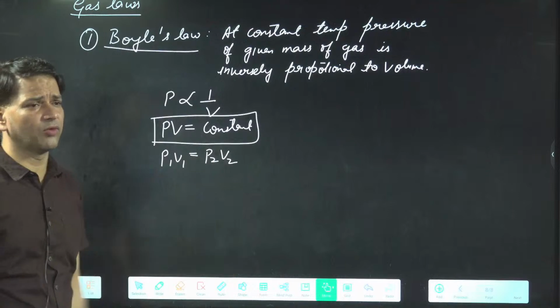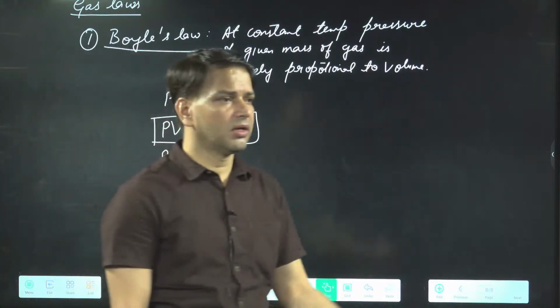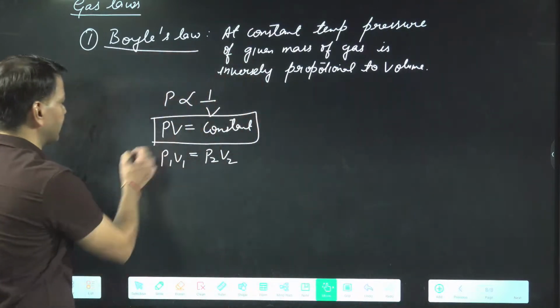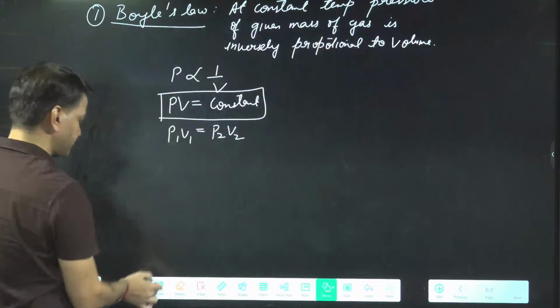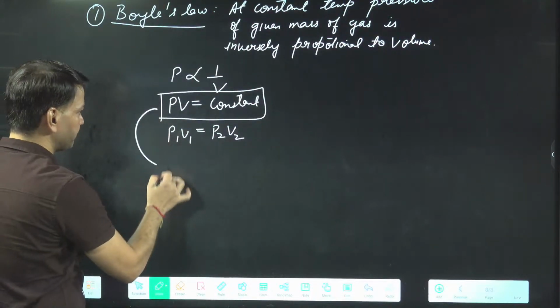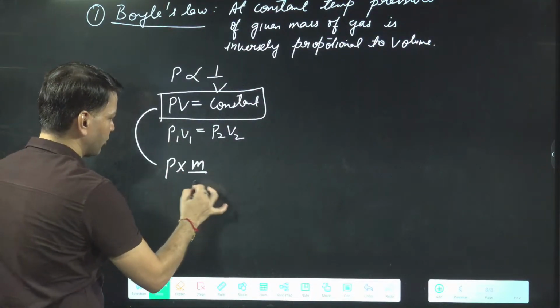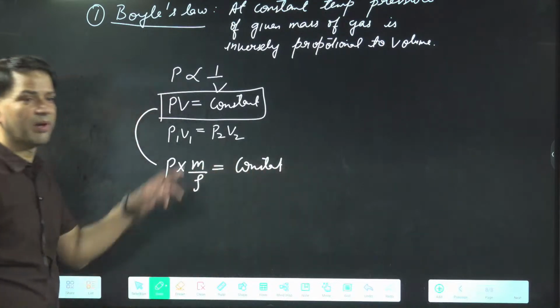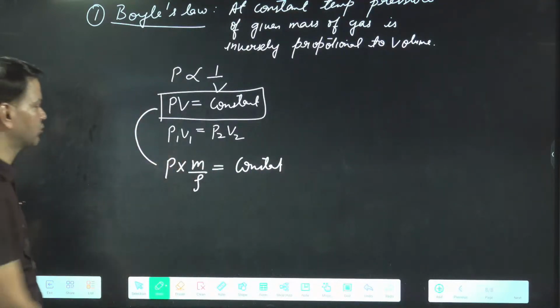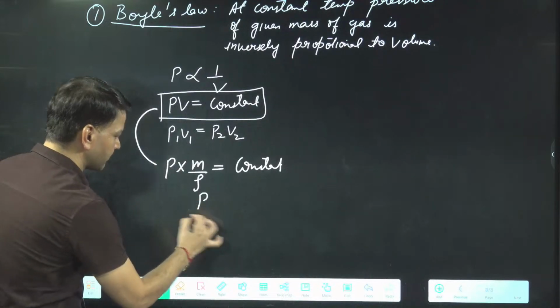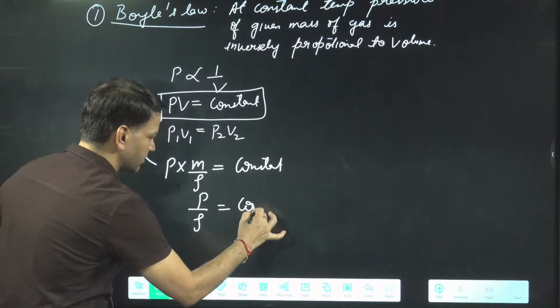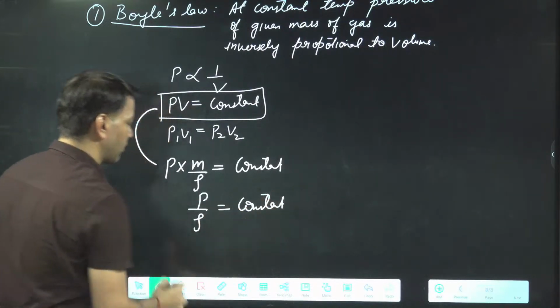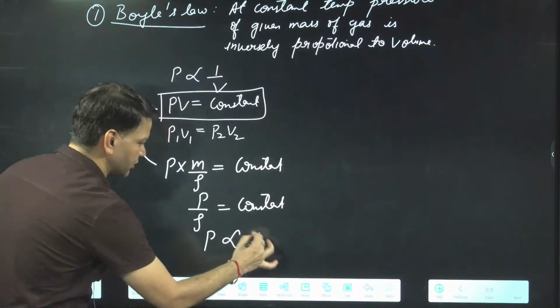Volume is mass upon density. So I can write volume as mass upon density. So P into M by rho is constant. Now, given mass means mass is constant here. So P by rho is equal to constant, or we can say P is directly proportional to rho.